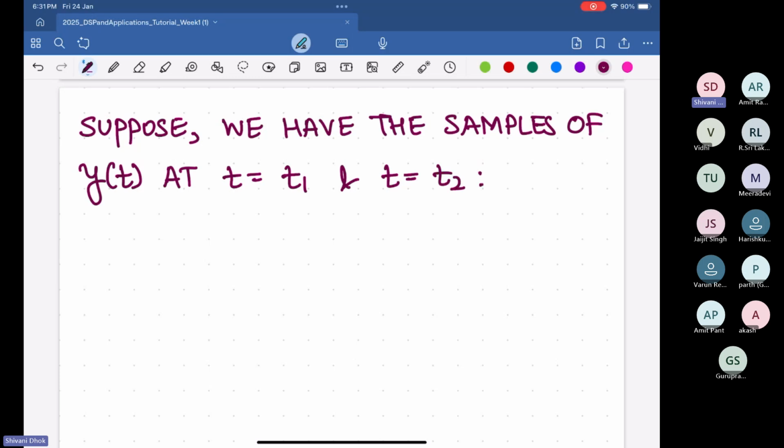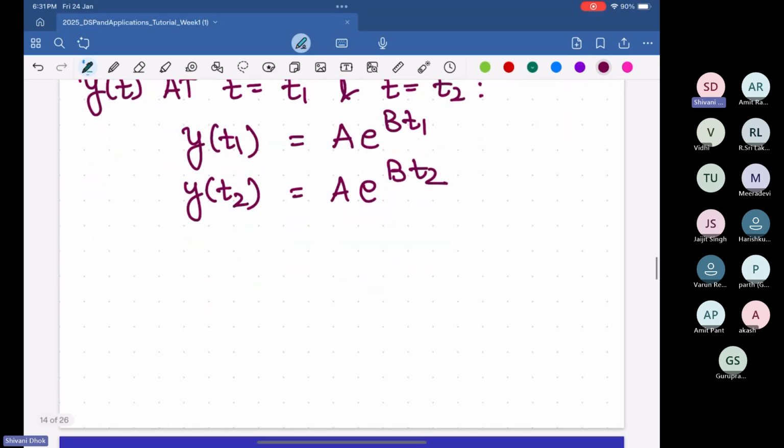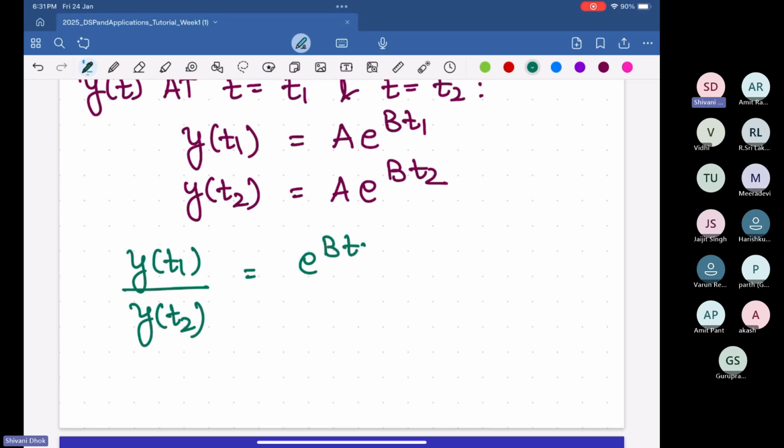So what we have, y of T1 equal to a into e power b T1 and y of T2 equal to a into e power b T2. So now what we can do is take the ratio of these two. So we'll have y of T1 divided by y of T2 equal to e power b T1 upon e power b T2, which is equal to e power b into T1 minus T2.